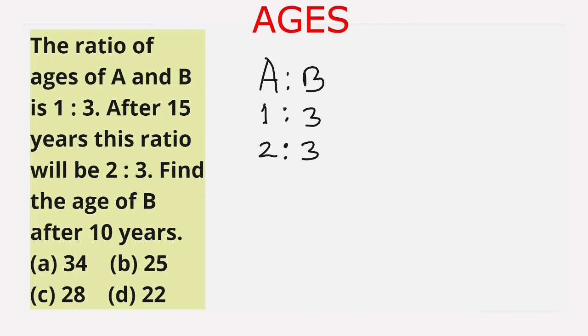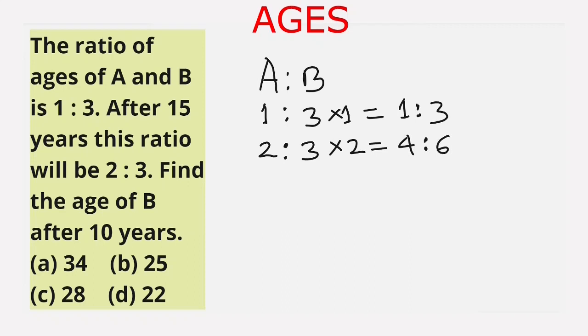So we have to make this difference equal. So what we do, we multiply 1:3 by 1 and 2:3 by 2, and we get 1:3 as it is, and 2:3 when multiplied by 2 gives us 4:6.